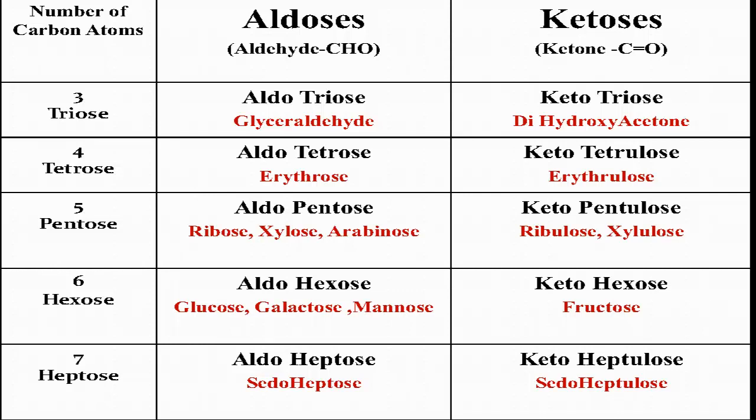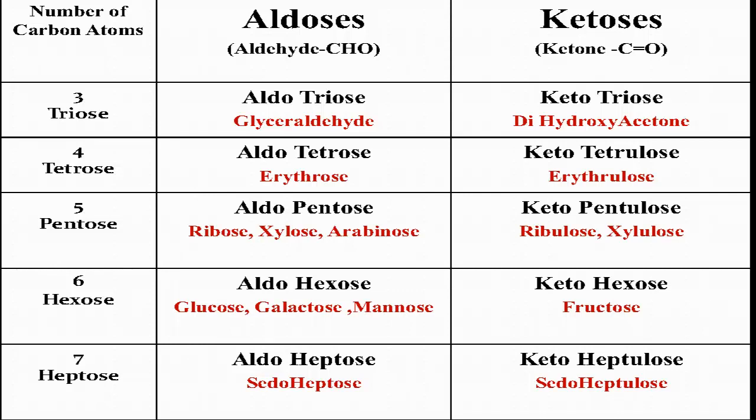And then depending on the number of carbon in that particular monosaccharide, if it is 3, then triose, 4 carbon, tetrose, 5 carbon, pentose, 6 carbon, hexose, and 7 carbon, heptose, like this. And this can be continued, but most of the naturally occurring important carbohydrates are within this range, 3 to 7 carbon.